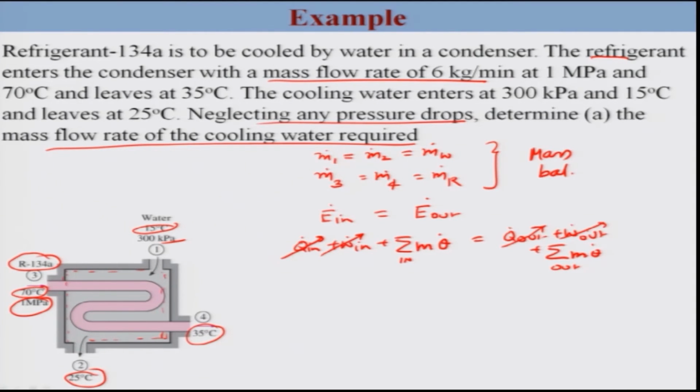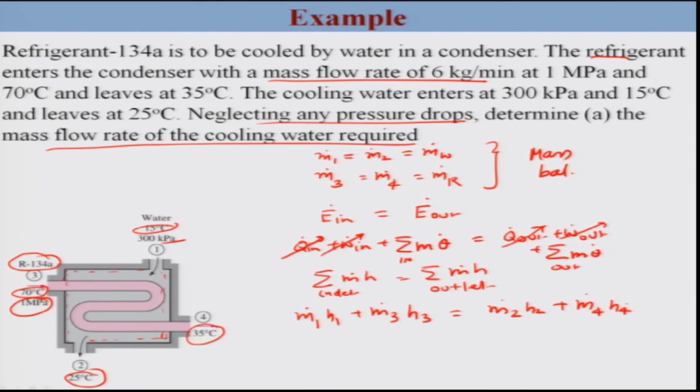And assuming the kinetic energy and potential energy to be 0, this can be simply written as m dot h inlet should be equal to m dot h outlet. Or in other words, the inlets are 1 and 3, so we can write m1 h1 plus m3 h3 is the same as m2 h2 plus m4 h4.